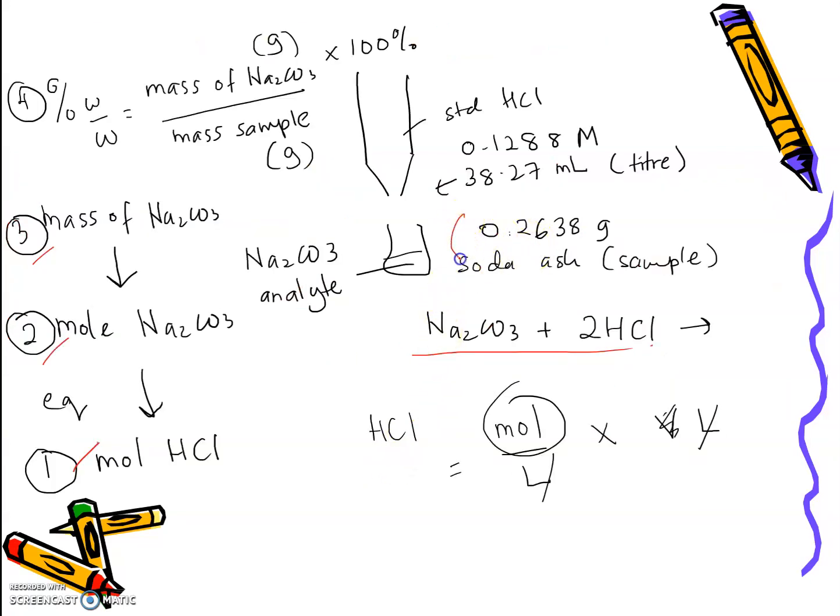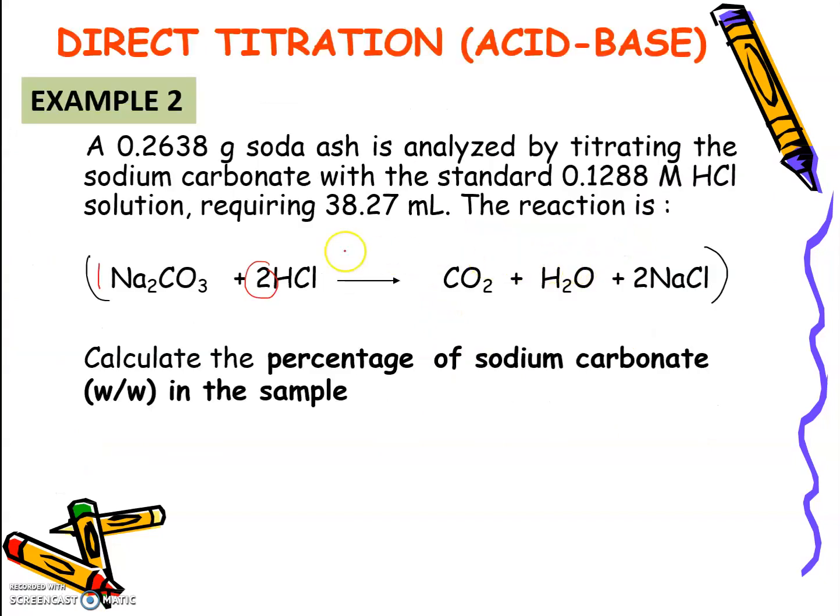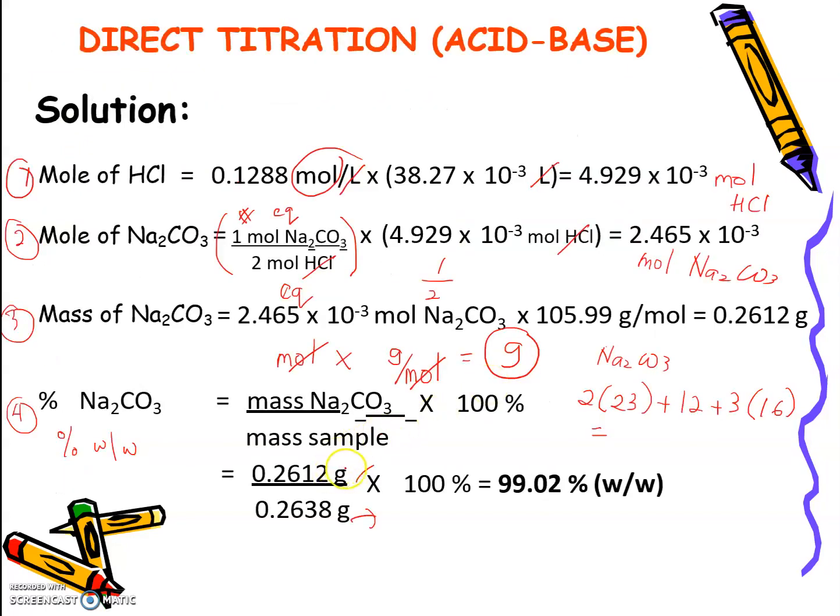Okay, soda ash, the sample. Okay, here mass of sample. So mass of sodium carbonate analyte divided by mass of sample times 100%. So the answer is 99.02% weight per weight. Okay, means that the analyte reacts more in the reaction.